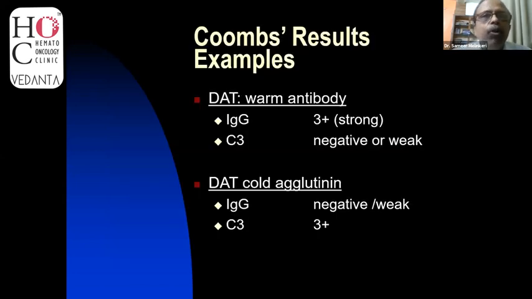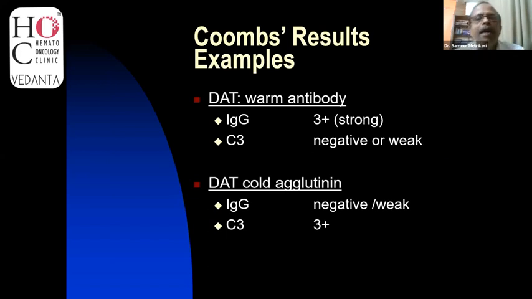What is the indirect Coombs test? When you have antibodies which have coated all the RBCs, and there is still a lot of excess antibody present, those antibodies are going to float in the patient's serum, right? If you take the patient's serum and mix it with normal red blood cells from healthy donors, these antibodies in the patient's plasma are going to bind to those red blood cells.